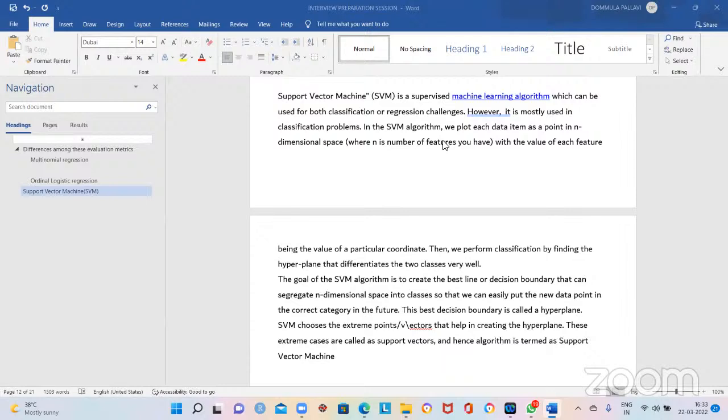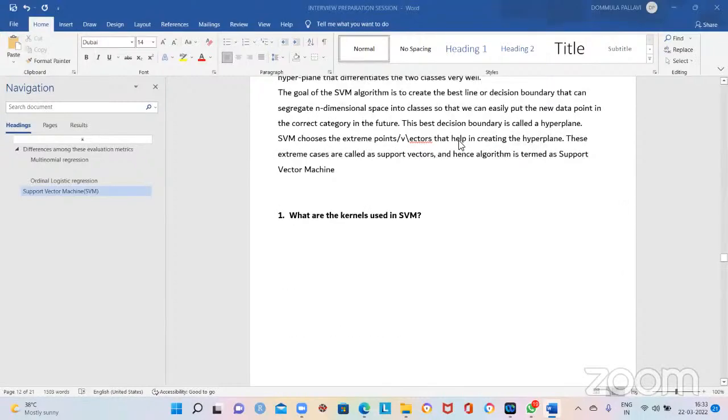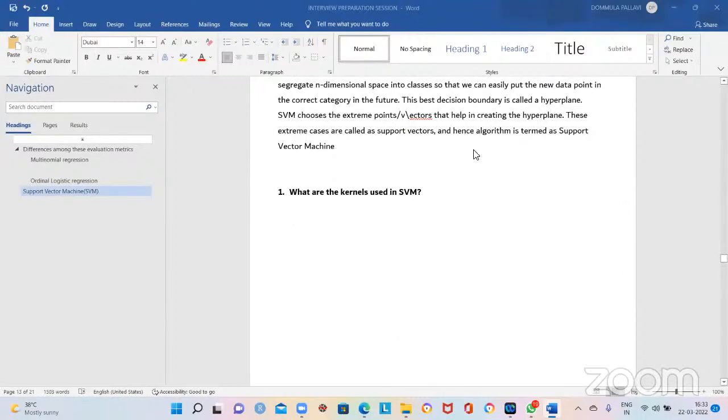The SVM chooses the extreme points or vectors that help in creating the hyperplane. These extreme cases are called support vectors, and hence the algorithm is termed SVM. This is all about SVM.